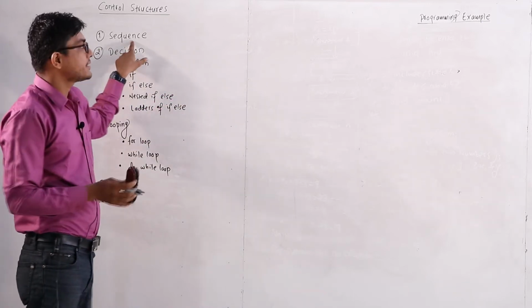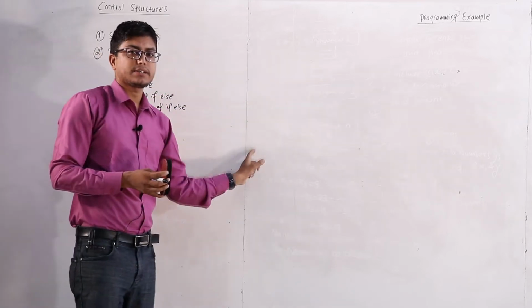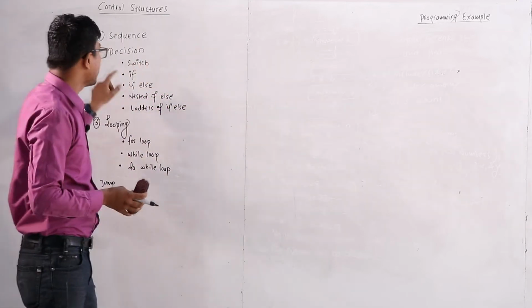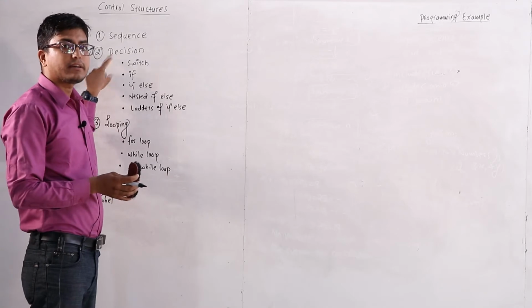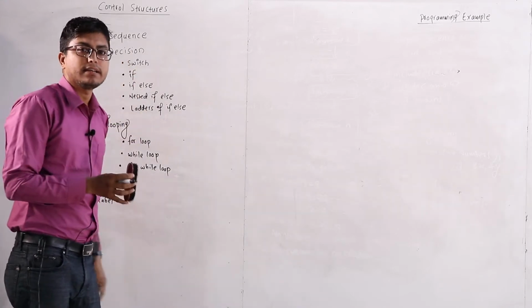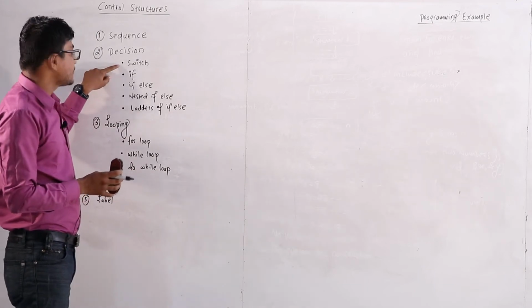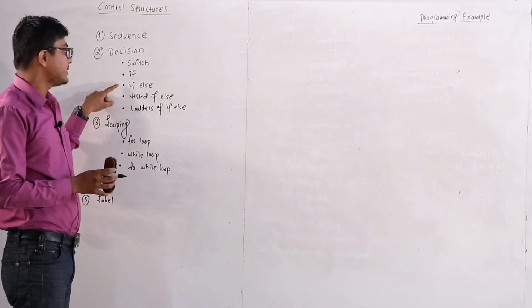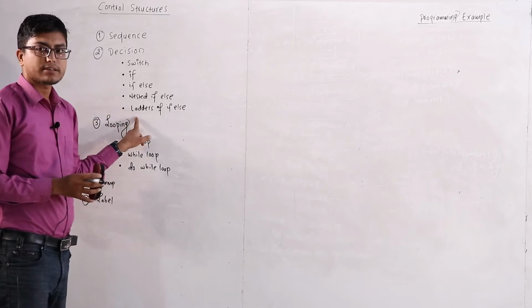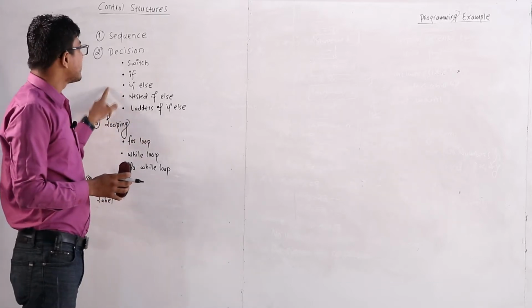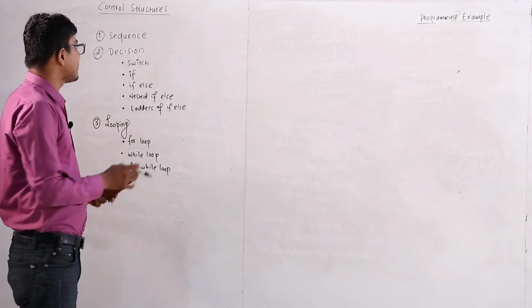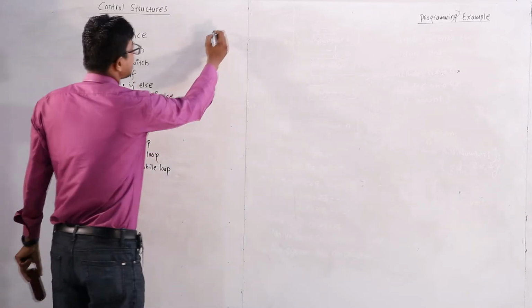Now in sequence we don't have any condition, all the instructions are executed one by one. But in decision there are different conditions, and depending upon that condition the instruction will be executed. In decision also there are switch, if else, nested if else and ladders of if else. There are different parts of decision. Let's talk about the switch statement.